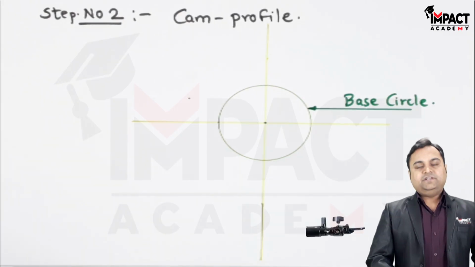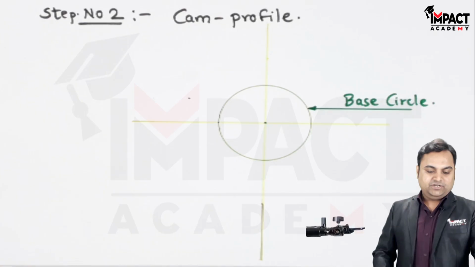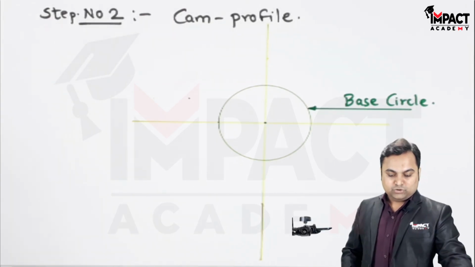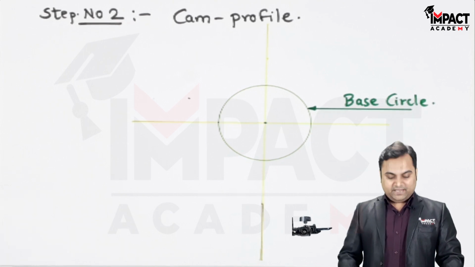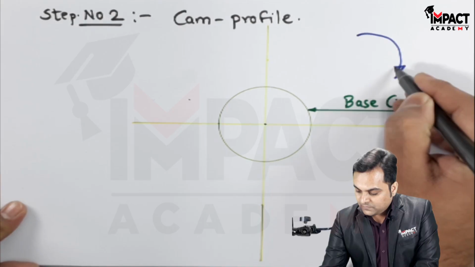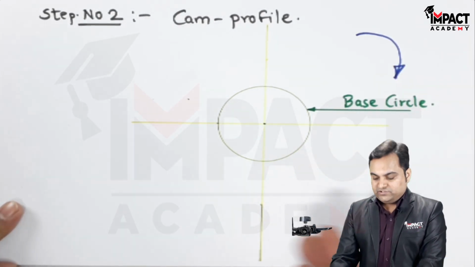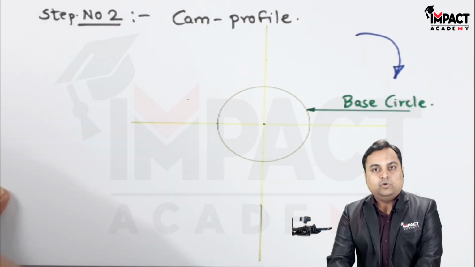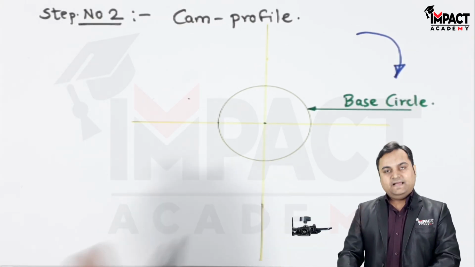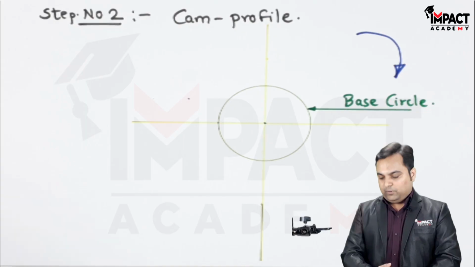But also we can see in the problem that the type of rotation of the cam is not mentioned. So I can assume the direction of cam rotation as clockwise, and when the cam rotates clockwise, we have to measure the angle in an anti-clockwise sense, because that would give us the motion as desired. I'll explain when we are completing the problem.